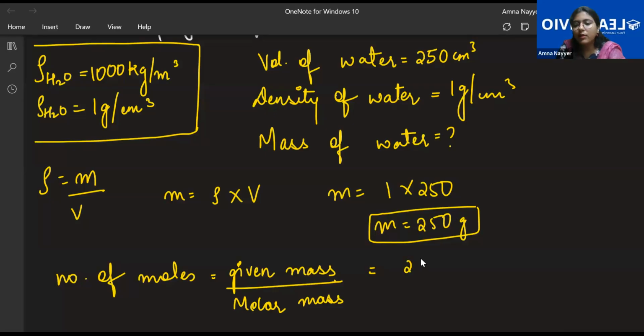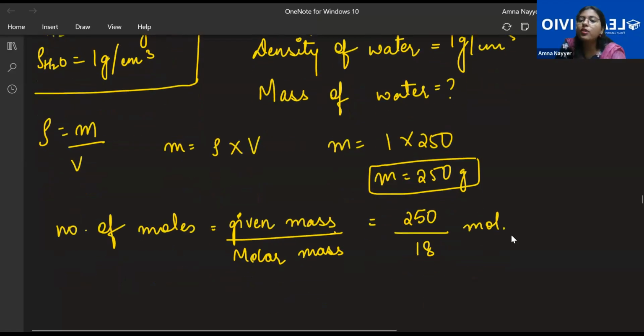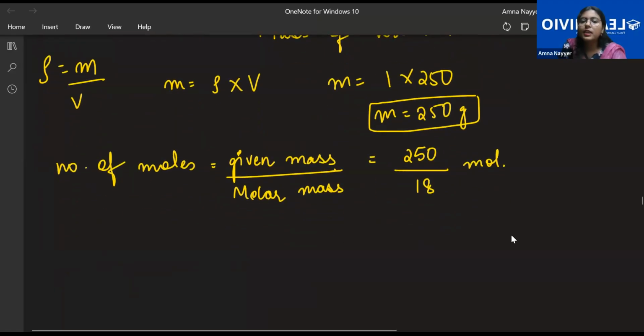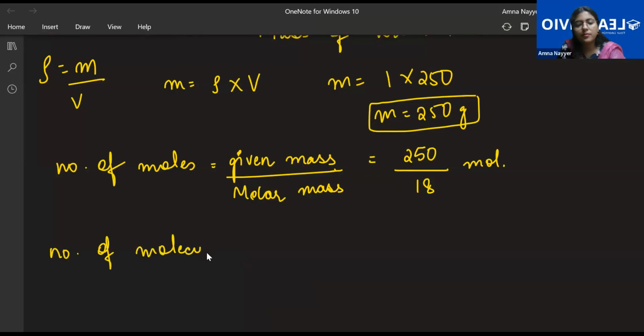Given mass we have calculated, it is 250. Molar mass of water is 18. This much amount of moles we have calculated. Now, why did we calculate the number of moles? To calculate the number of molecules. Number of molecules is number of moles into Avogadro's number.